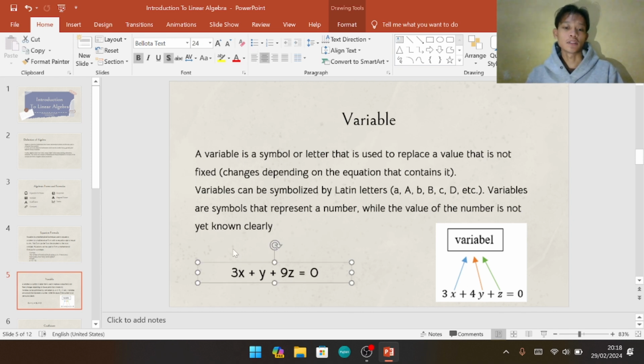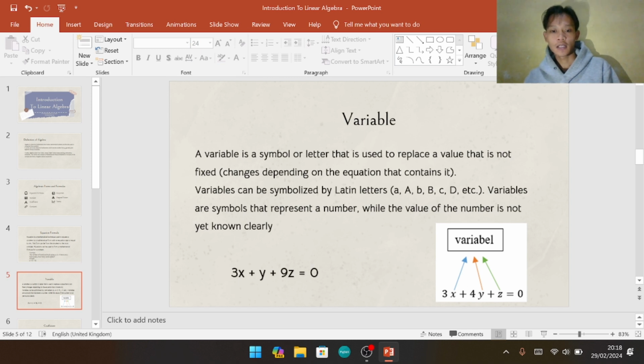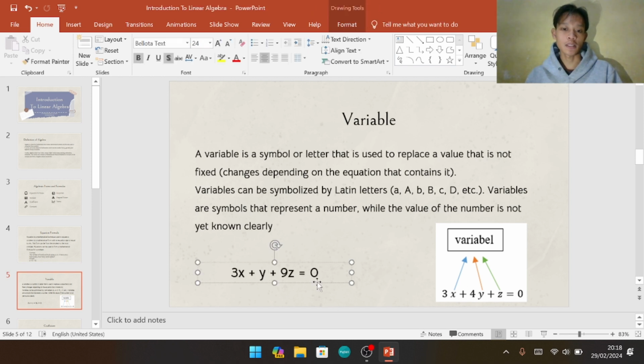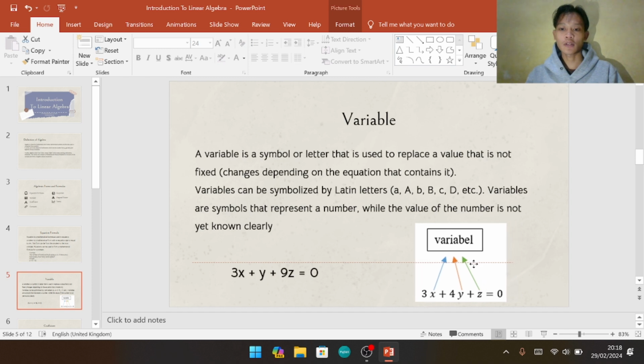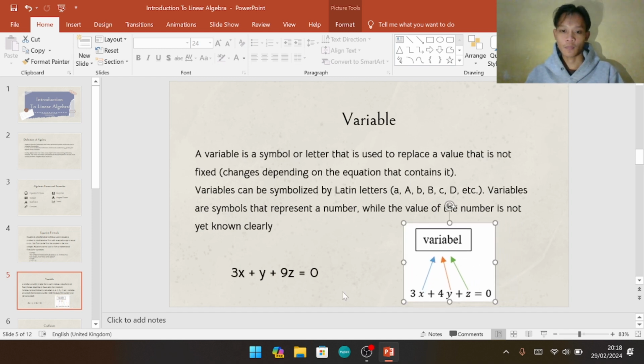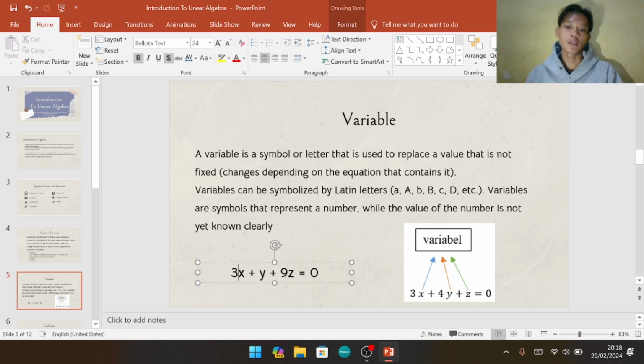Okay, example for variable: X, Y, and Z are examples of variables. So conclusion for variables: a variable is a symbol by Latin letters X, Y, Z.